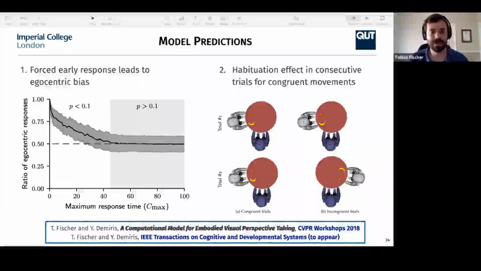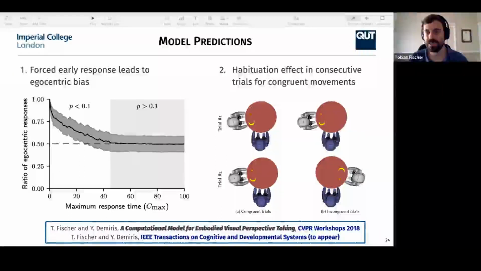And now, because you have the model, you can also predict a variety of cases. So I'm just going to talk about the first one for the sake of time. What happens if you force a response early, before the person is actually finished taking the other perspective? Then you will see that the model predicts that this leads to an egocentric bias.